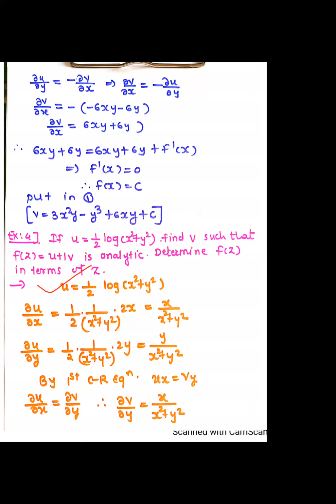See, 1 by 2 will be as it is. The derivative of log x is 1 upon x. So this log term, log of x square plus y square, will give 1 upon x square plus y square. And this x square plus y square we are treating as x, so again its derivative with respect to x, that is 2x.